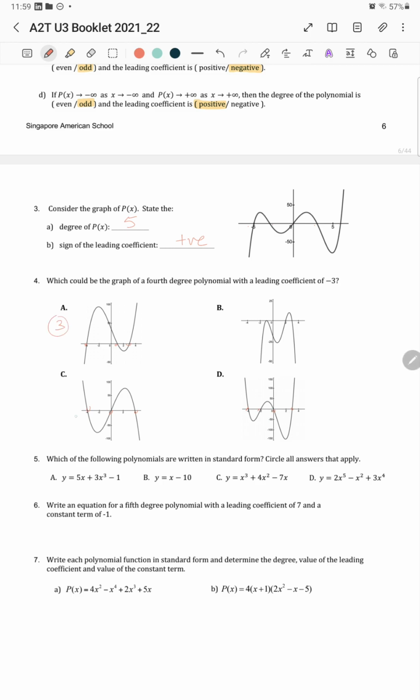It is 3 degree, it is 3 degree, so it is 4th degree, and negative 3 means it opens down. So this is the answer.